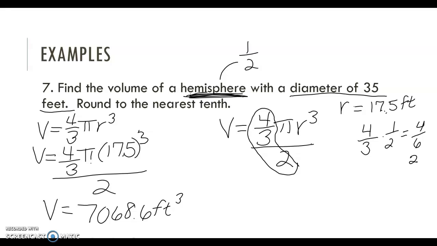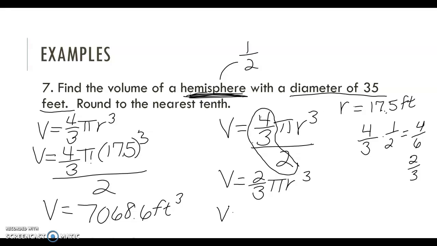Well, 4/6, that divides to 2/3, so that gives me a new formula for volume of a hemisphere, which would actually just be 2/3 pi r cubed, which that should make sense. Half of 4/3 is 2/3.